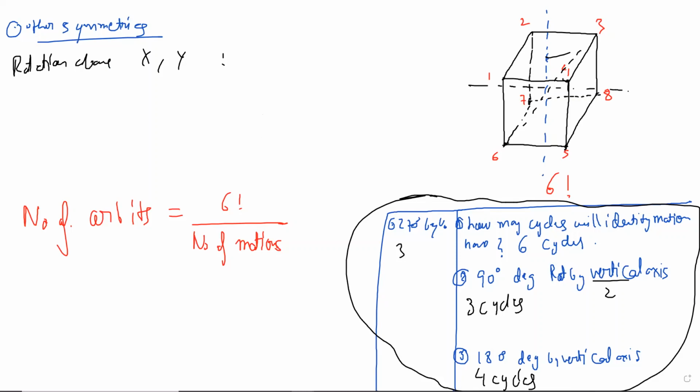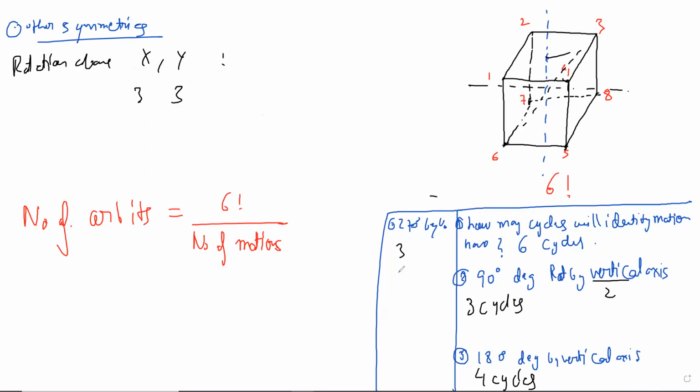So how many are we getting? Meanwhile, we'll have to keep track. This will give us 3, this will give us 3, and we have 4 from here, right? The identity is a special case which is common to all. So we get 10. We have 10 motions as of now, but in fact there are many more. What are the others?